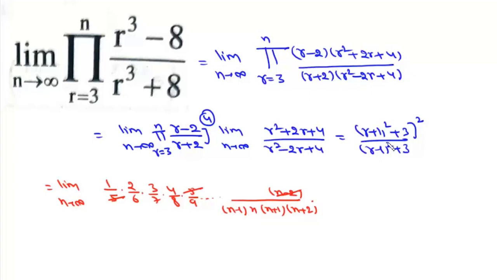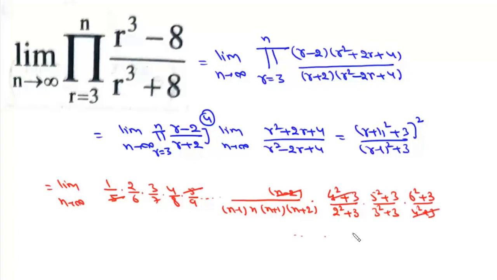Now into, and for this one, if we put r as 3, it will be 4 square plus 3 upon 2 square plus 3, and then it will be 5 square plus 3 upon 3 square plus 3, and now it will be 6 square plus 3 upon 4 square plus 3. So these terms will start getting cancelled now.